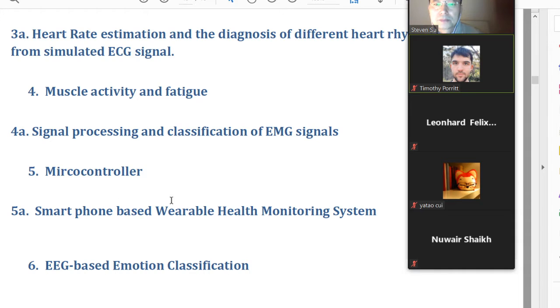For the microcontroller one, we don't have a microcontroller to provide, so we use a smartphone-based approach. I remember in group 2, Leo demonstrated using a smartphone to monitor exercise. Here I will provide two options: you can use either an iPhone or an Android phone.